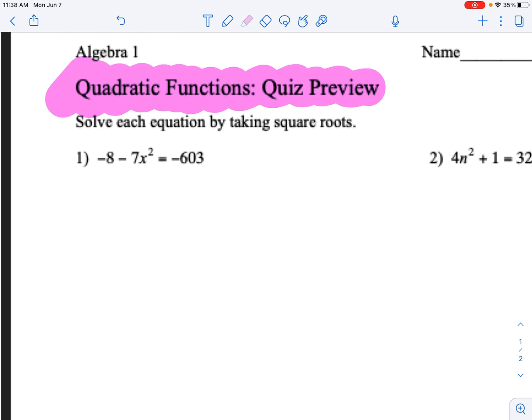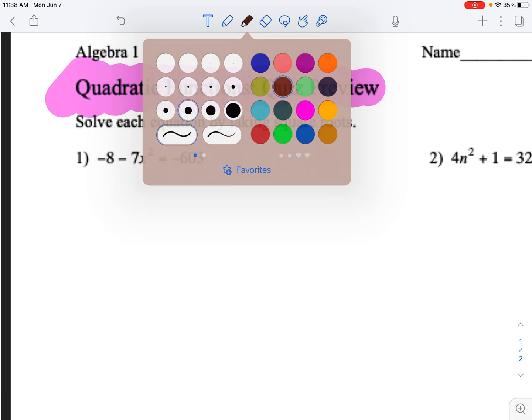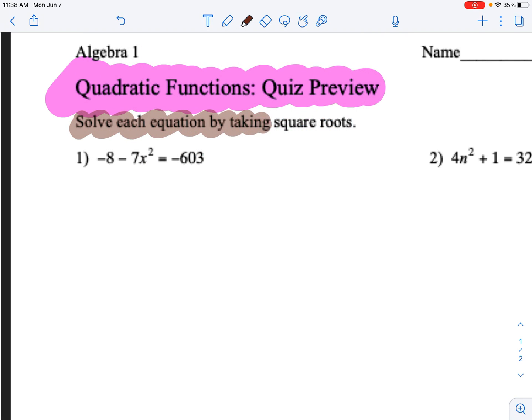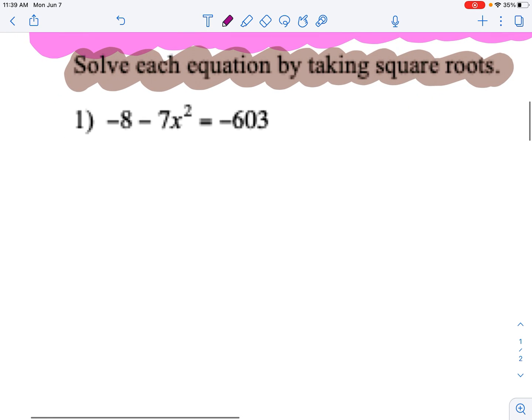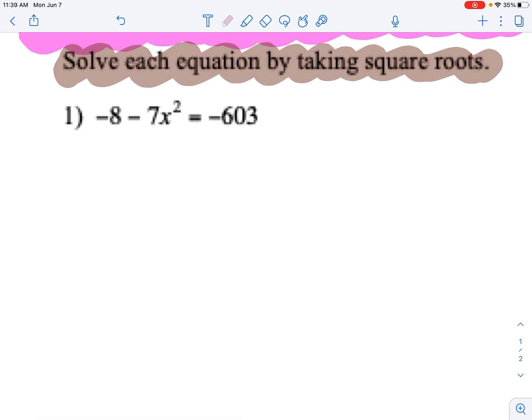All right, so the first set of notes says we are going to solve each equation by taking square roots. What we want to do here is get the x squared by itself. So we draw our line of separation, and bring this minus 8 over as plus 8.